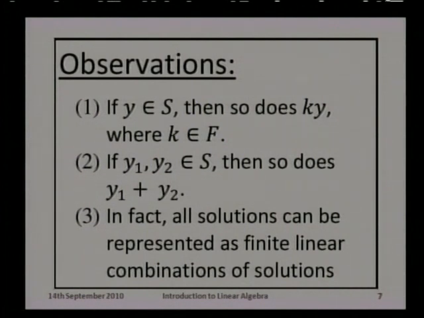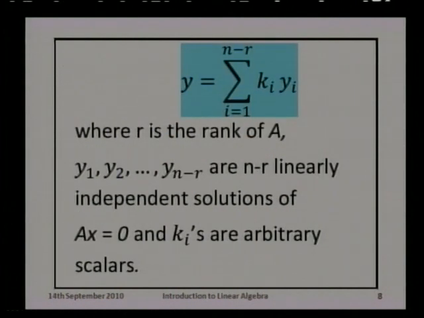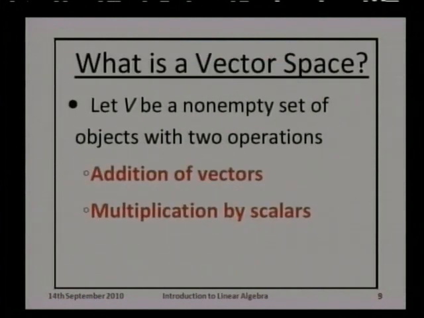So, the set of solutions is having a structure where we can sum the elements and we can multiply a scalar with an element and we still have that as a solution. So, this leads to an important concept which is called a vector space. So, what is a vector space?